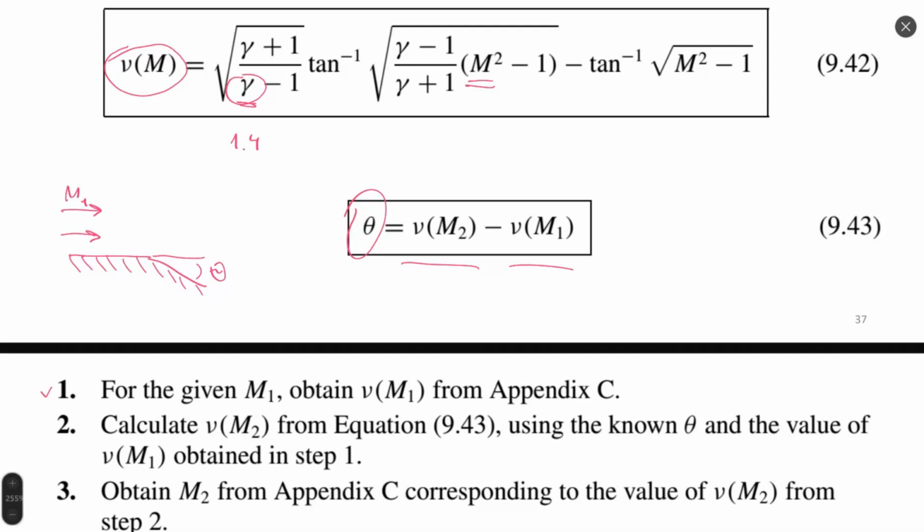Adiabatic constant is depending on the molecular structure of gas you are working with. If it's a mixture of gases, so adiabatic constant is calculated by some weighted average, molecular weighted average. And if it's just one gas, okay, we can use 1.4. If it's air, can be used 1.4.